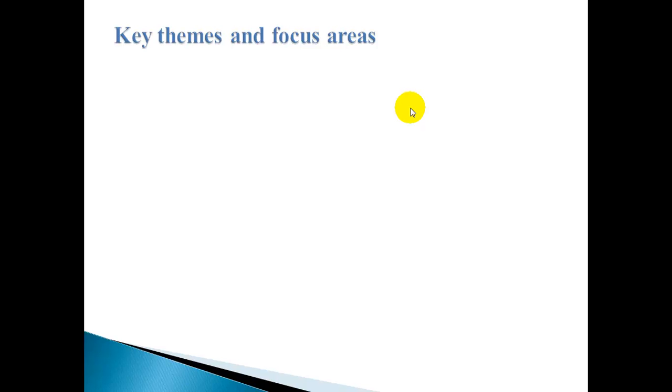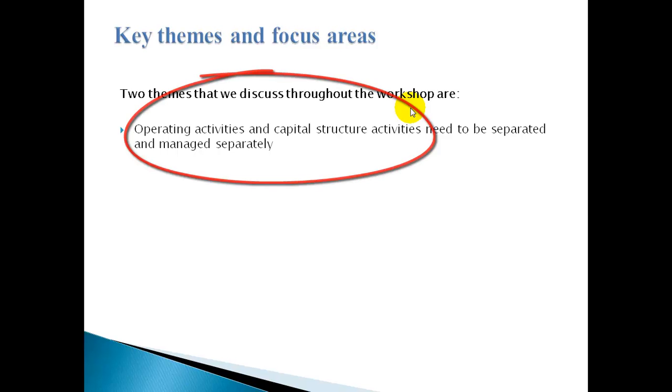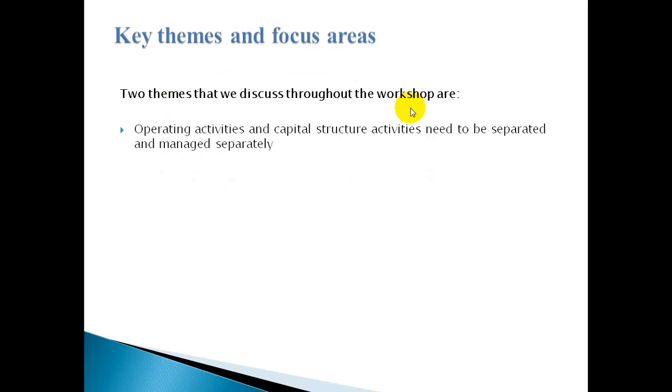Just something I want to share with you, the key themes and focus areas. In the modules, I will constantly refer to 2 themes and a number of focus areas. Let's go and have a look. The first theme is that I separate the analysis into operating analysis and capital structure analysis. All businesses are split into these 2 levels. So we're going to look at how your business is operating.